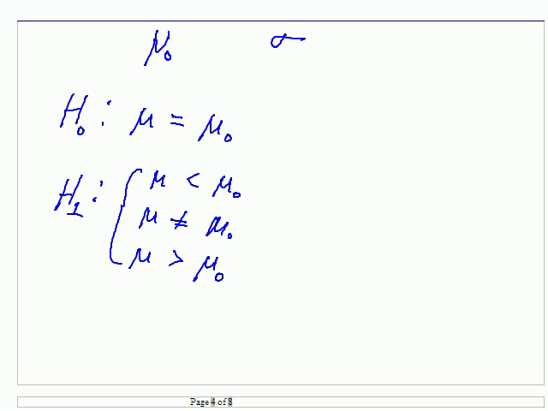Okay, so this is your null hypothesis, and this is your alternative. As far as mu goes, it's usually some parameter of interest. I've just written it here in general, but you usually have something that you're measuring.